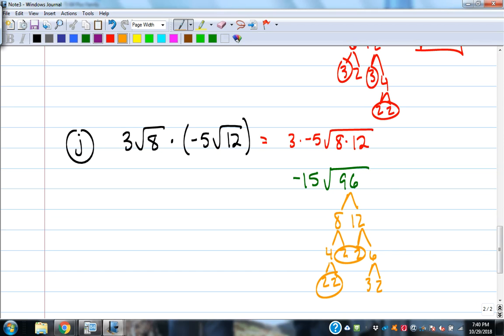And then this 3 and this 2 here don't have buddies, so they have to stay on the inside. I have the negative 15 that was out there to begin with. I have a 2 and a 2. And then I have a 2 and a 3 on the inside. So that's negative 30 times 2 is negative 60 radical 6.